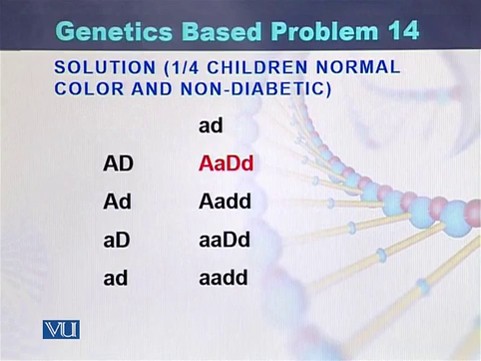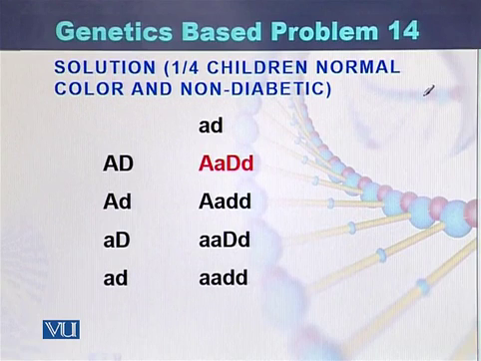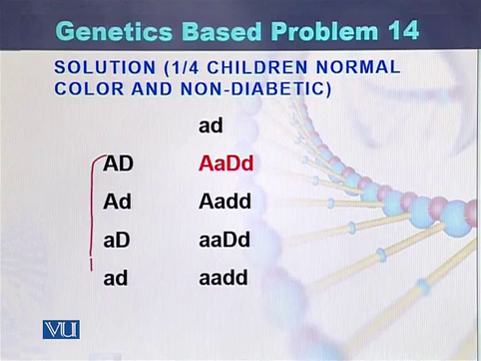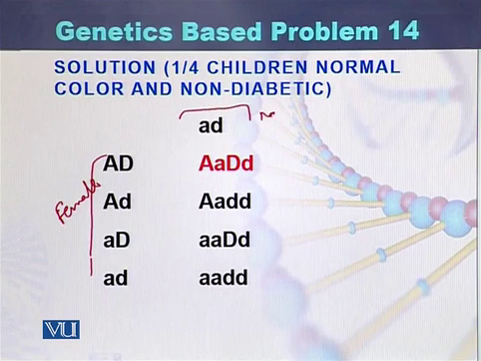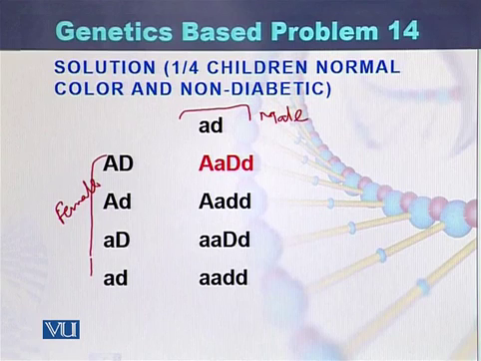If we draw the Punnett square based on the gametes, the female would have four different gametes, while the male has a single type of gamete.